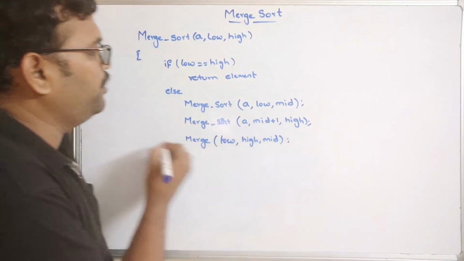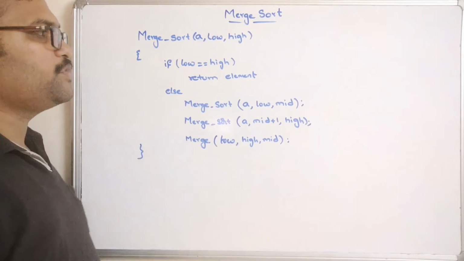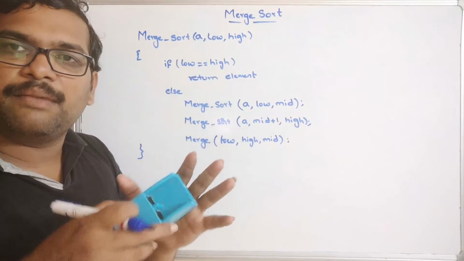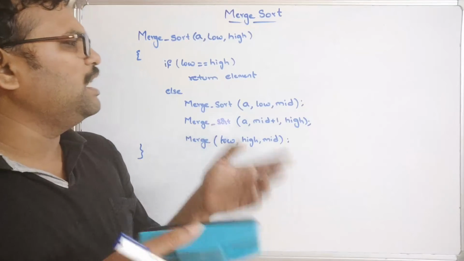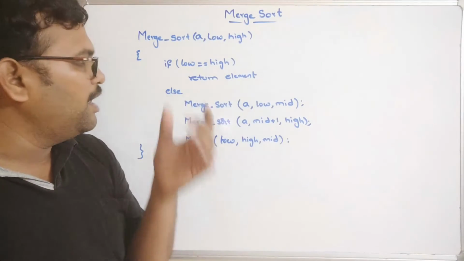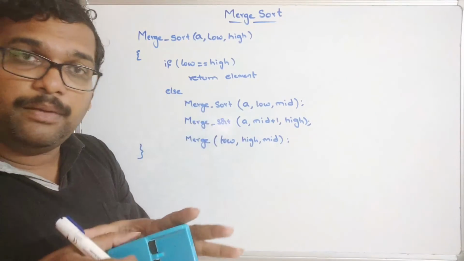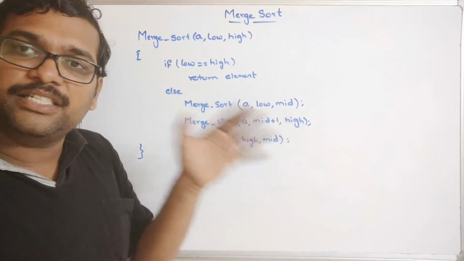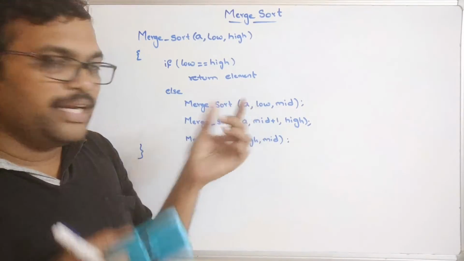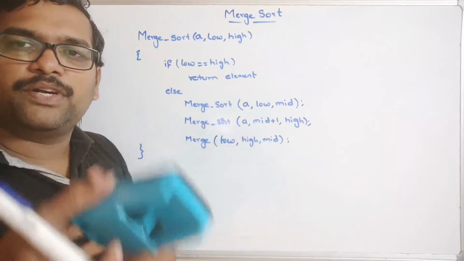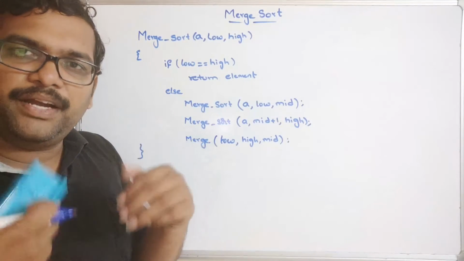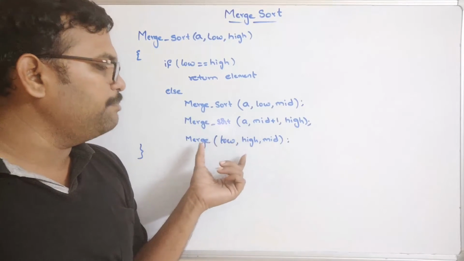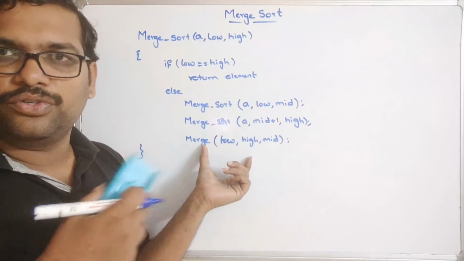So what are we doing? First we are checking whether it contains multiple elements or a single element. If it is a single element, we simply return the element. If it is multiple elements, we divide them into two parts, one from low to mid and the other from mid plus 1 to high. Once that is completed recursively, we start merging all the solutions, right?